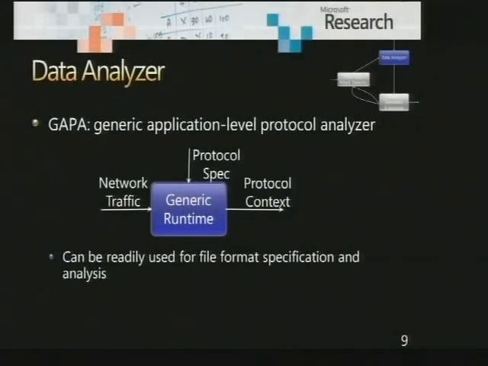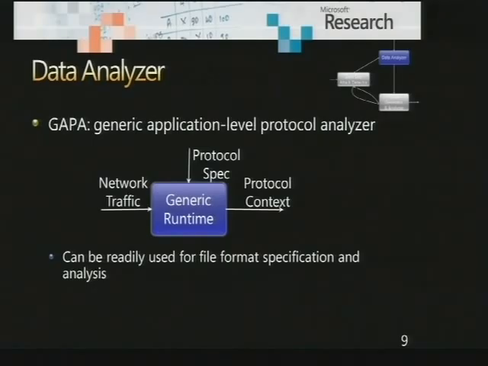The second part of ShieldGen is the data analyzer. In ShieldGen, we use GAPA. It's a generic application level protocol analyzer. GAPA has a generic runtime. Given the protocol spec and given the network traffic, GAPA will parse the network traffic and provide the protocol context.